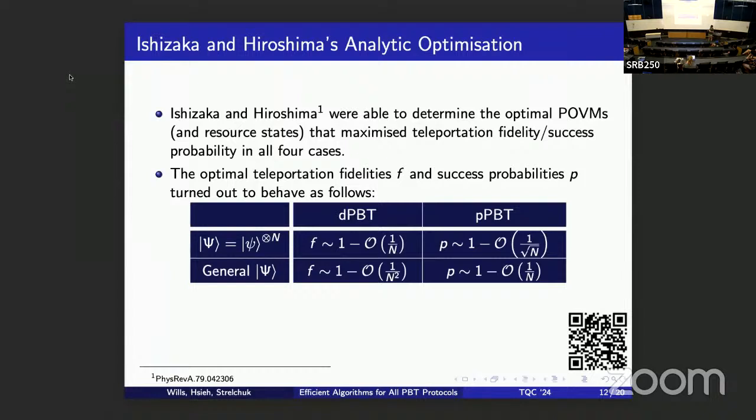And then if you're allowed to optimize the resource state as well as the POVM, then you can get teleportation fidelity something like 1 minus 1 over n squared. And then for PPBT, we get success probability 1 minus something like 1 over square root n and 1 minus something like 1 over n respectively.